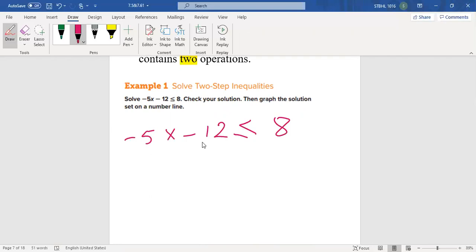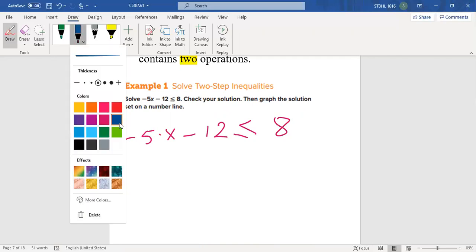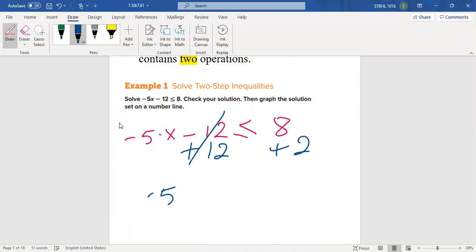The first one is multiplication, the second one is subtraction. So first of all I will remove the subtracting operation from the inequality by adding 12 to both sides. So negative 5x is less than or equal to what? 8 plus 12, so this is 20.